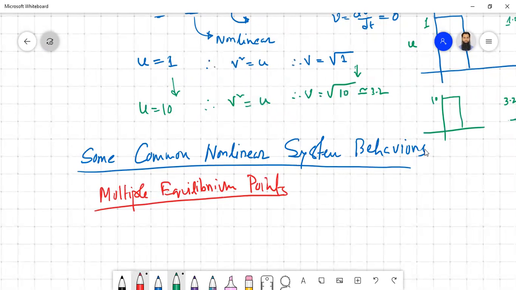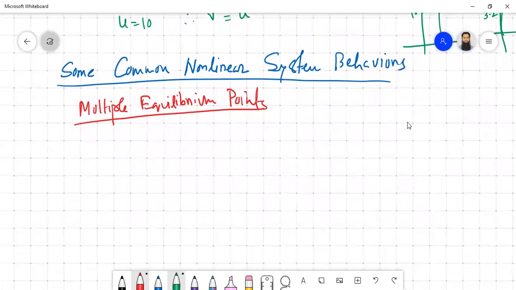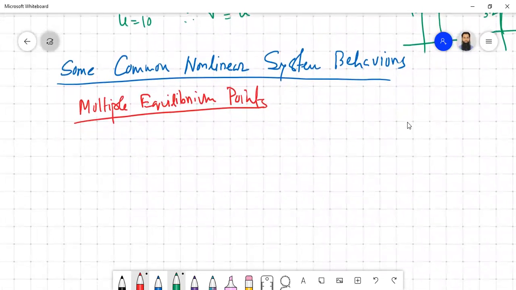A linear system always has a single equilibrium point, as we already defined in the properties of the linear system. But a nonlinear system may have multiple equilibrium points. So again, let us take one example.